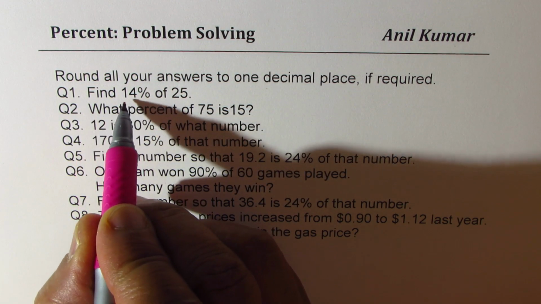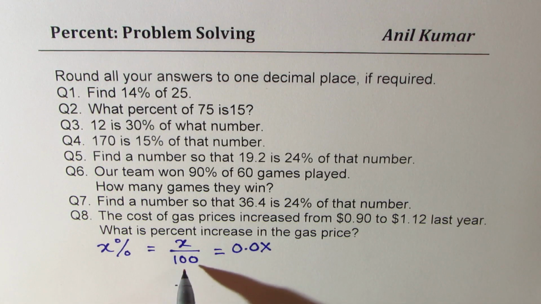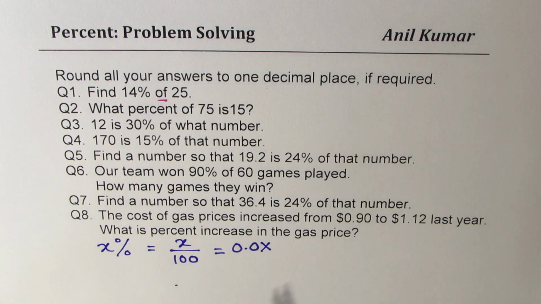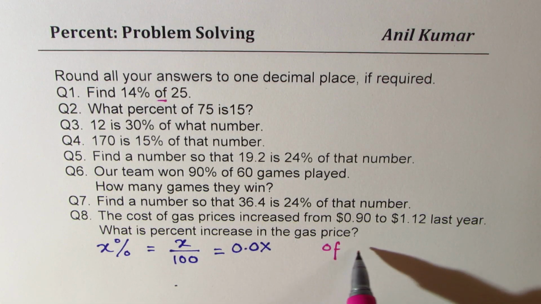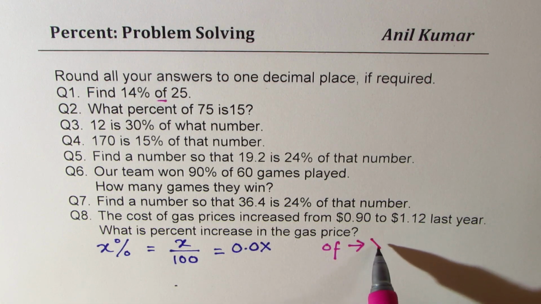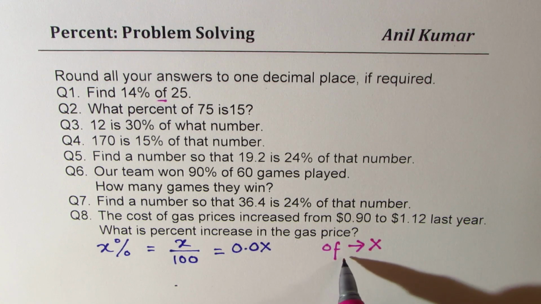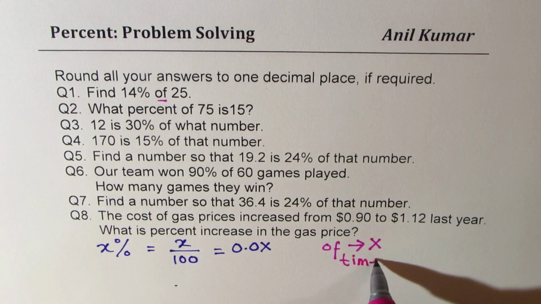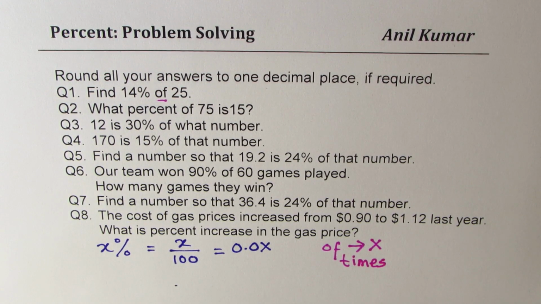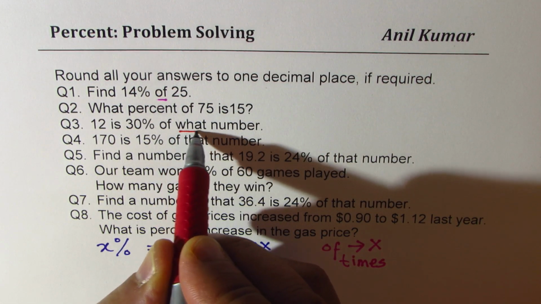Now another term which you will read is "of". So in the first question, we have 14%. So 14 over 100, of. Of will be replaced with a multiplication sign, times. That means times. And the third thing which you'll always come across in all these questions is "what number".